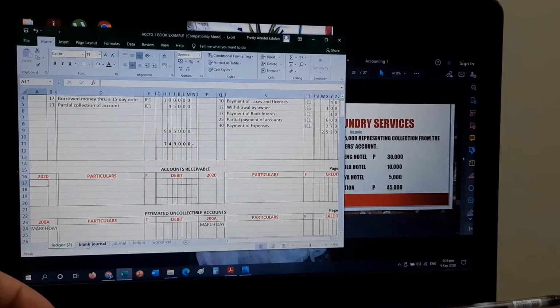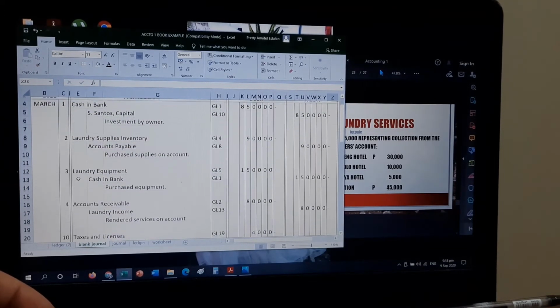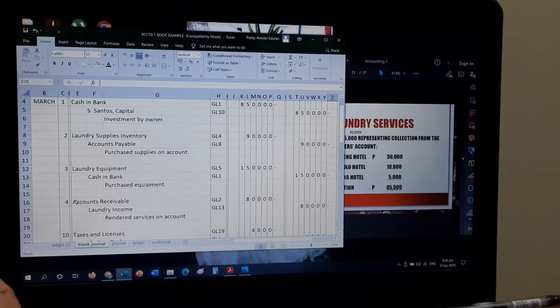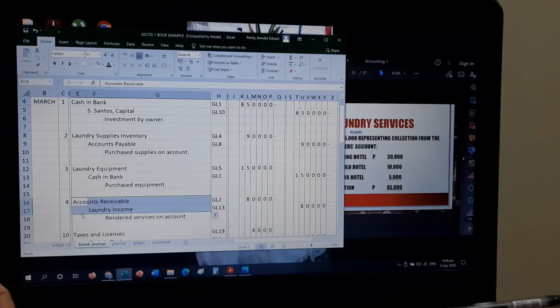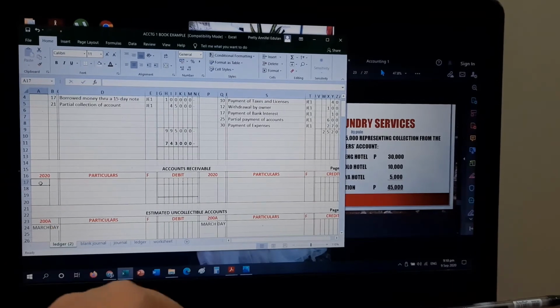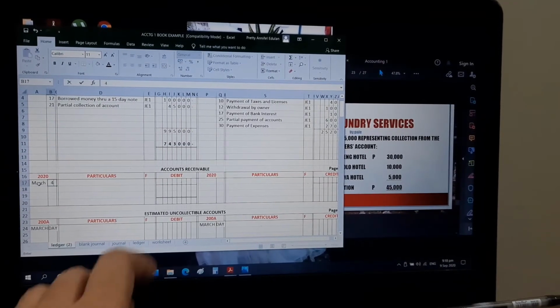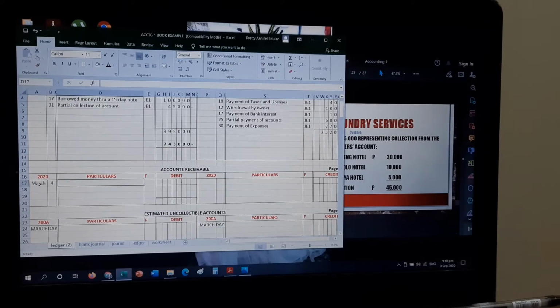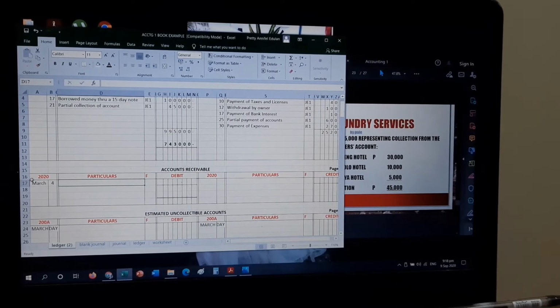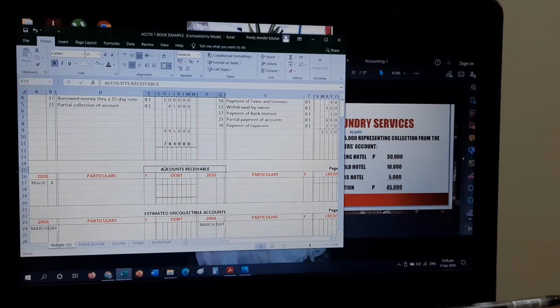So going back to our journal, March 4. Let's focus on March 4. On March 4, we debited accounts receivable. So there was a debit here. If that is a ledger, same procedure, write the headings here. All must have headings.